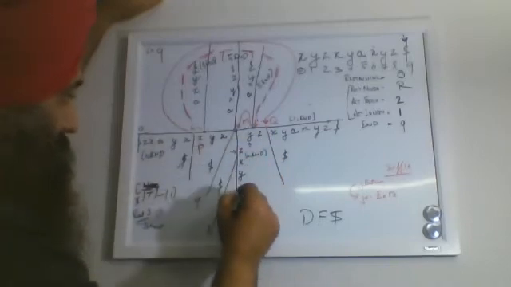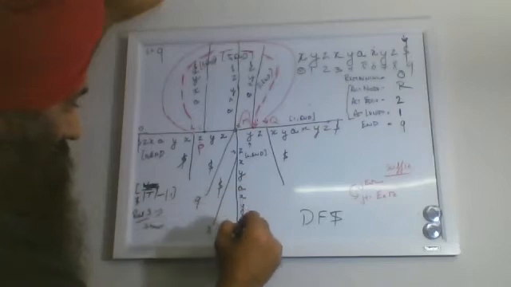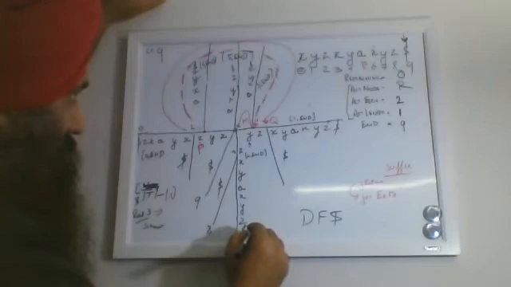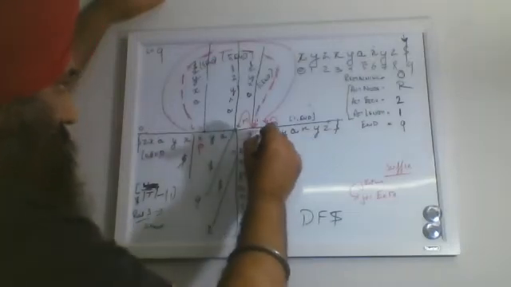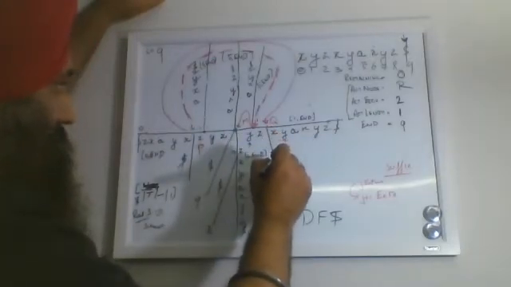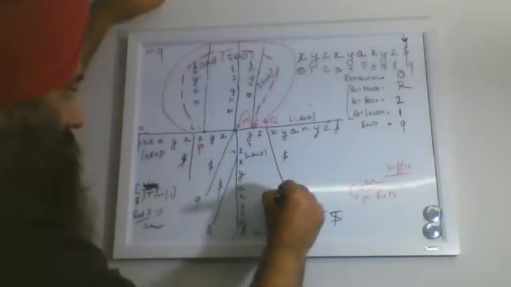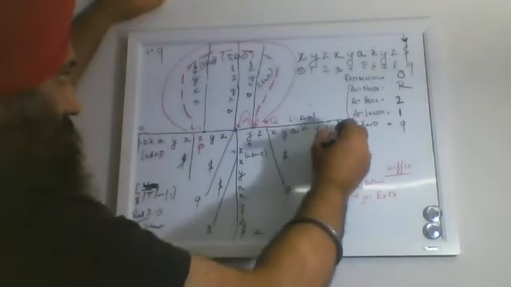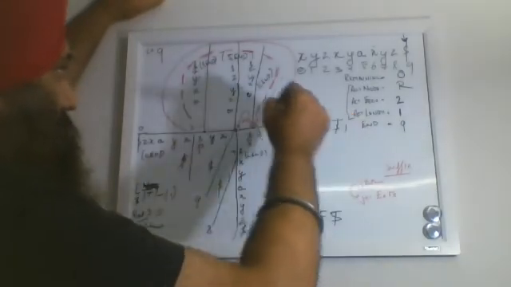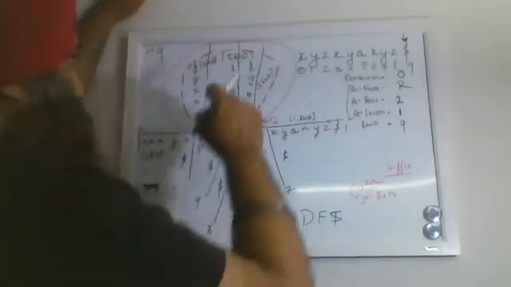This is 1 2 3 4 5 6, 1 2 3 4 5 6 7 8, 10 minus 8, 2. This is 10 minus 3, 7. This is 10 minus 9, 1. This is 10 minus 4, 6.